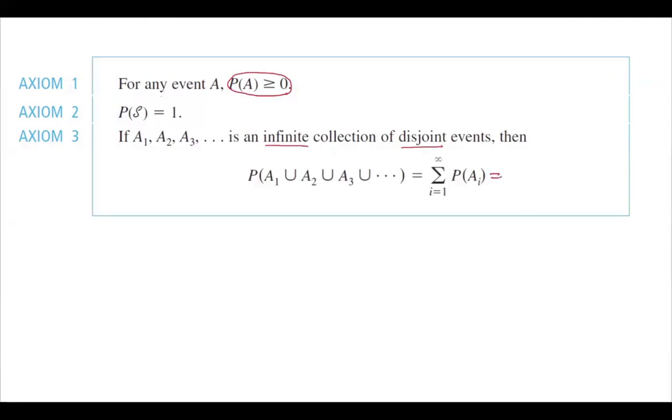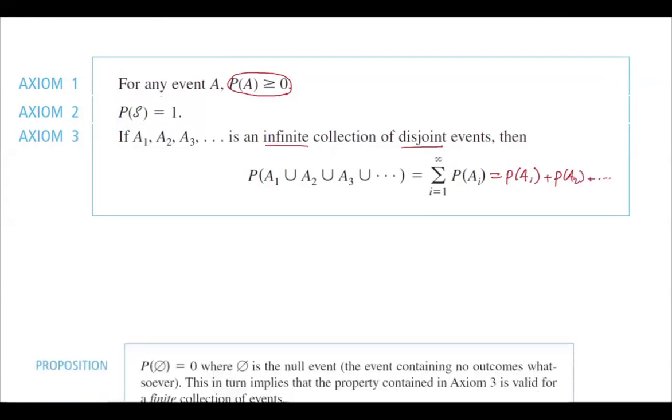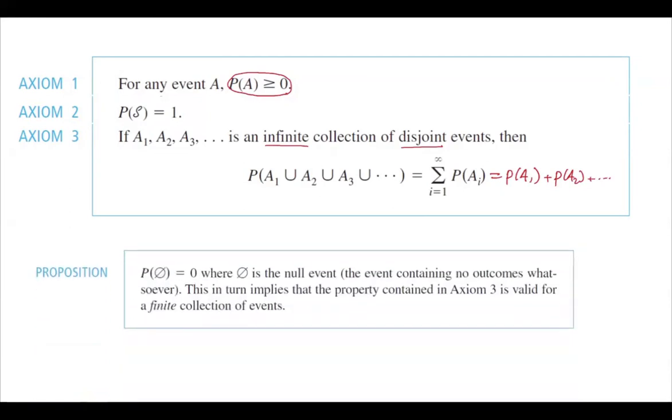So this can be written as the probability of A1 plus the probability of A2 plus the rest of the probabilities. And as we saw, the probability of the empty set or null event is always 0.